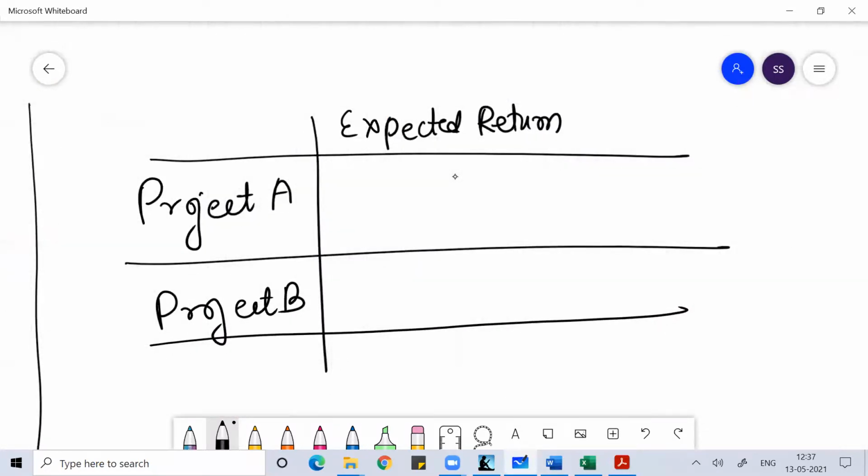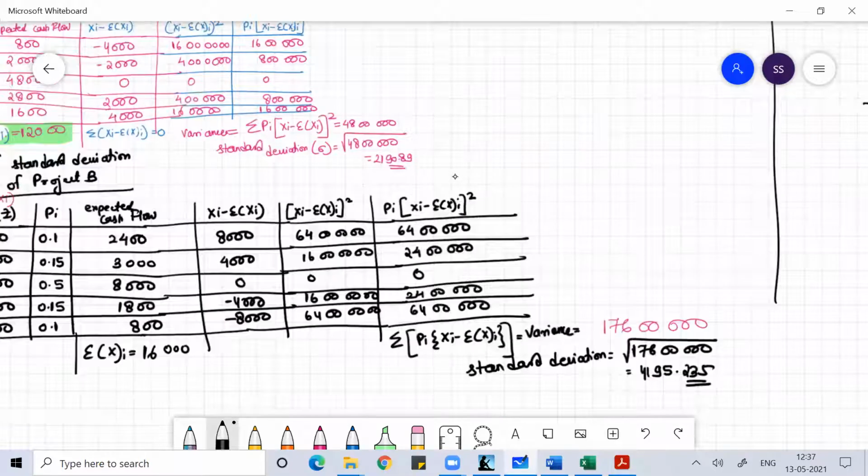The expected return on project A is 12,000. The expected return on project B is 16,000.